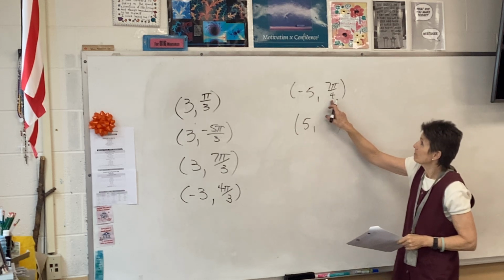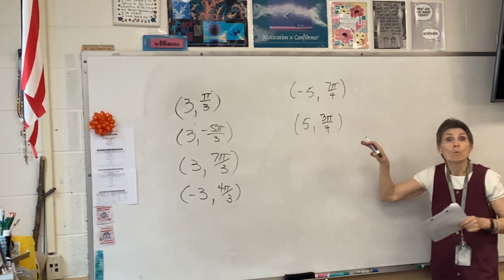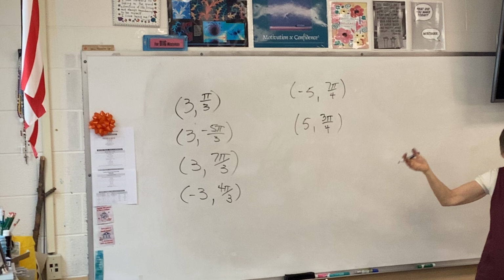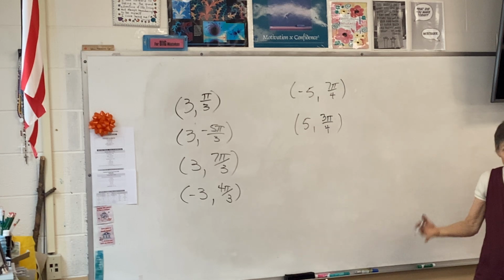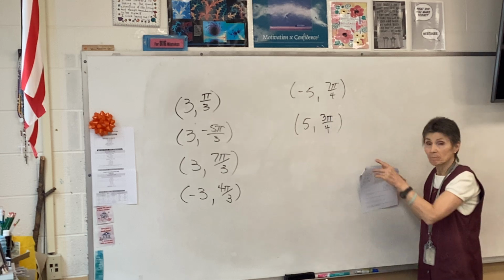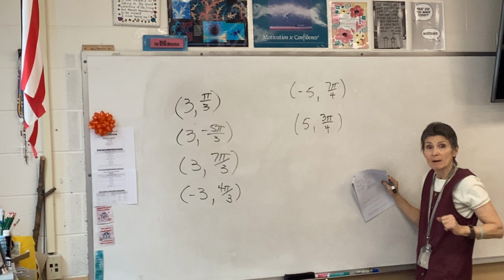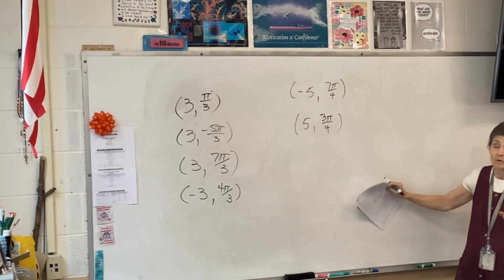So 7 pi over 4 is going to become 3 pi over 4. So there is one possible alternative for that point right there. Now I know where to plot it. I'm going to get on the 5th circle out, and I'm going to put a dot at 3 pi over 4 on the 5th circle out.